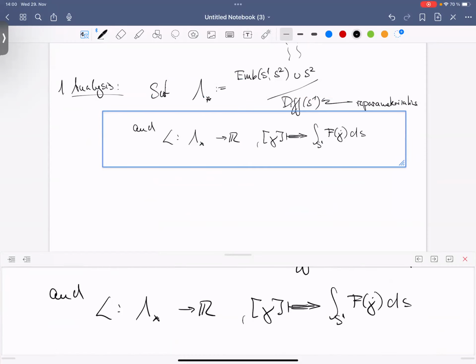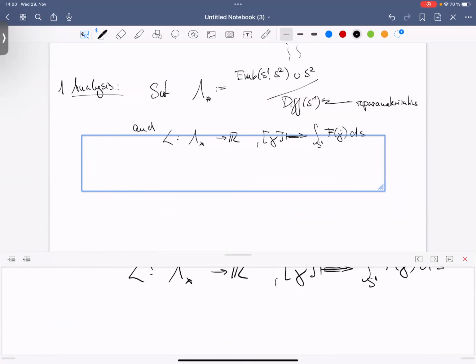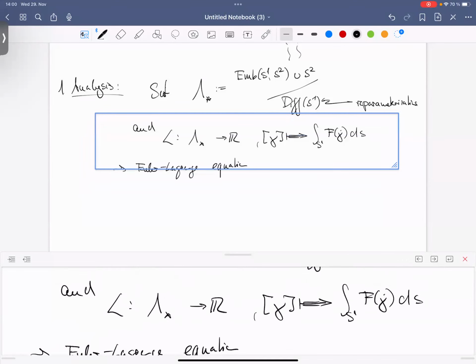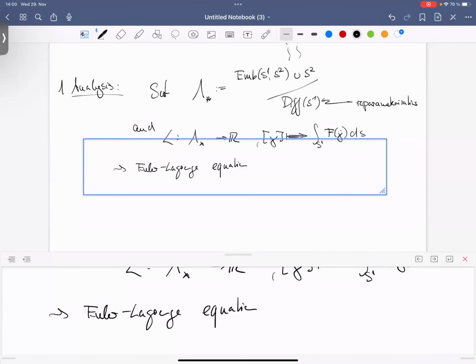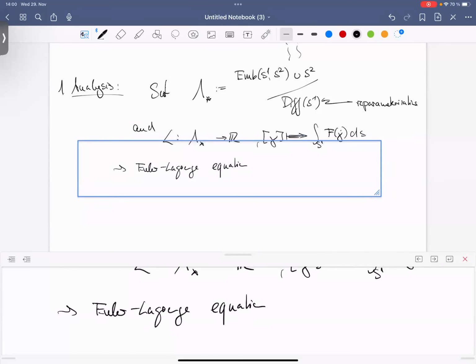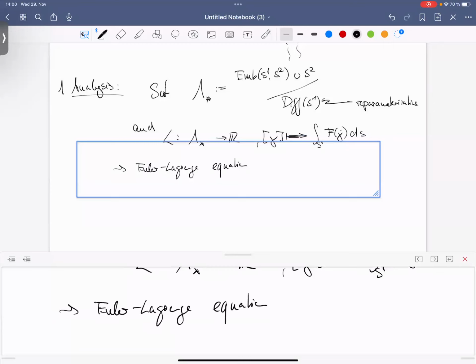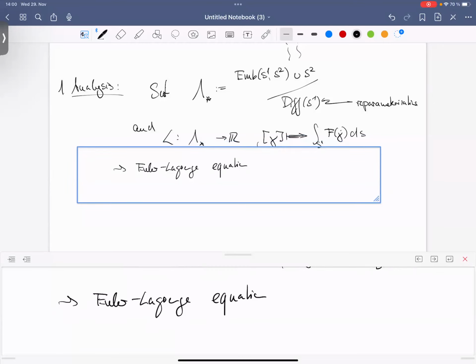Okay, you can look at the Euler-Lagrange equation of this thing, in a very naive way, by taking just directional derivatives and ignoring all the problems. We don't have so many problems since we're on the space of embeddings, and the point curves are not so interesting for the particular analysis problem I'm looking at.